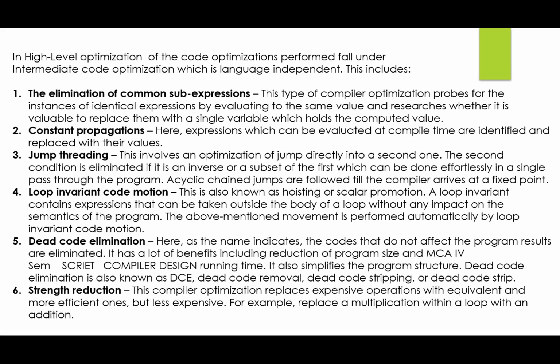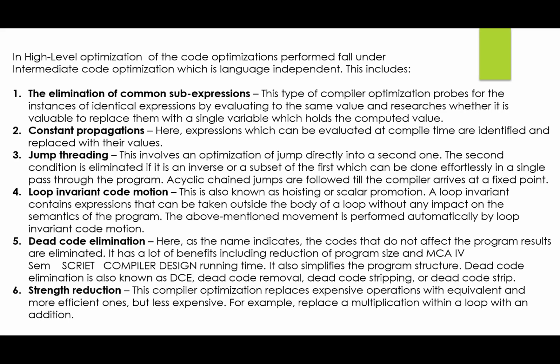This type of compiler optimization looks for instances of identical expressions evaluating to the same value, and researches whether it is valuable to replace them with a single variable which holds the computed value.